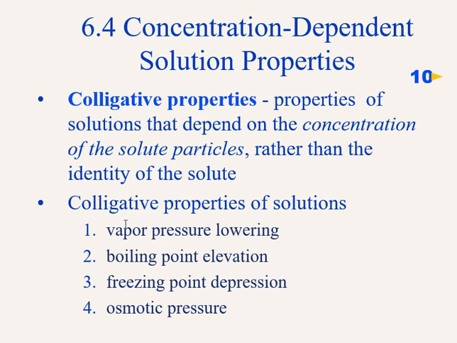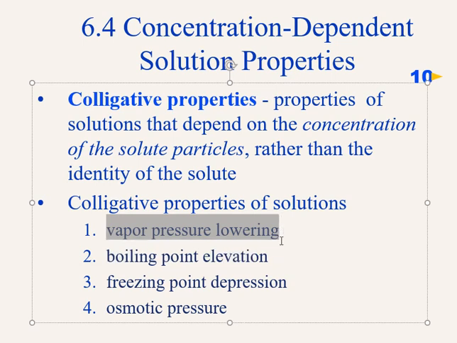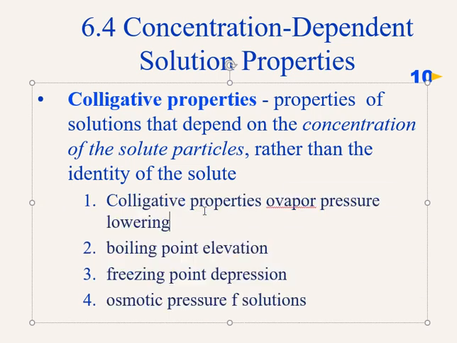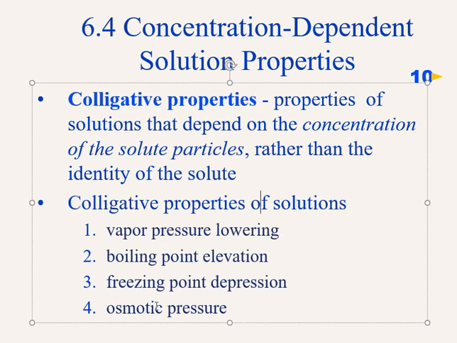There are four colligative properties we will look at, and those are vapor pressure lowering, boiling point elevation, freezing point depression, and osmotic pressure. We will actually discuss three of these in this video, and then we will discuss the other one, osmotic pressure, in a later video.